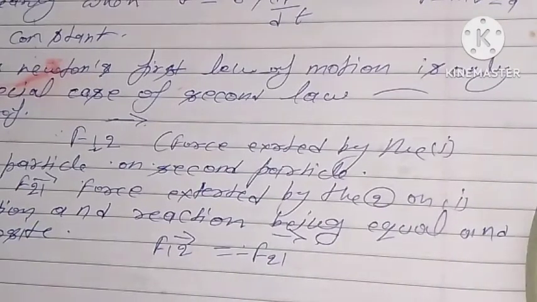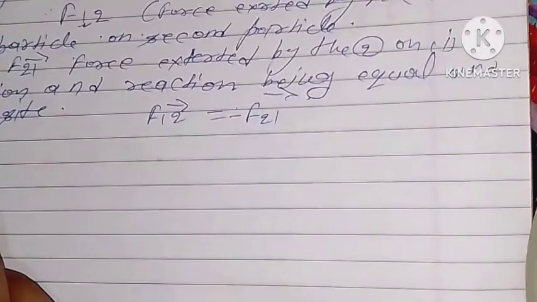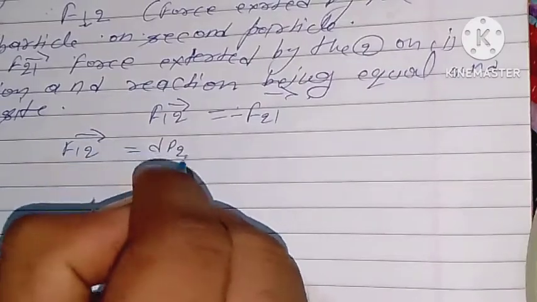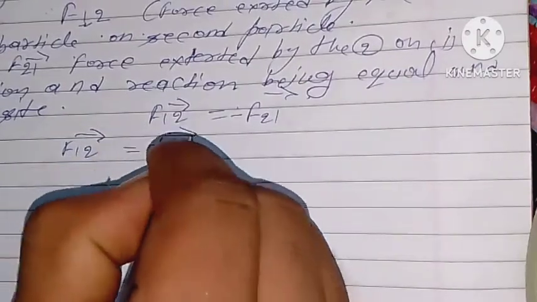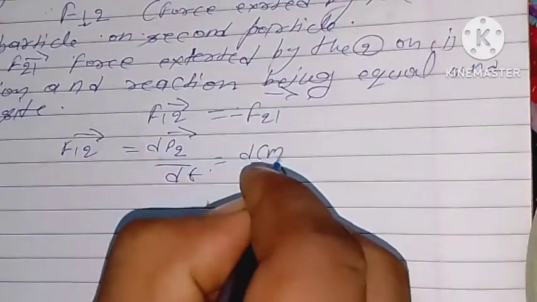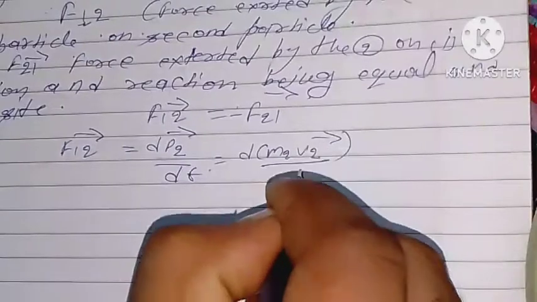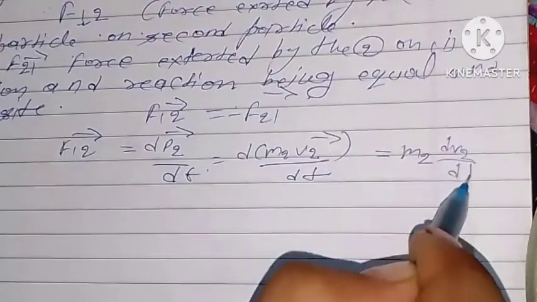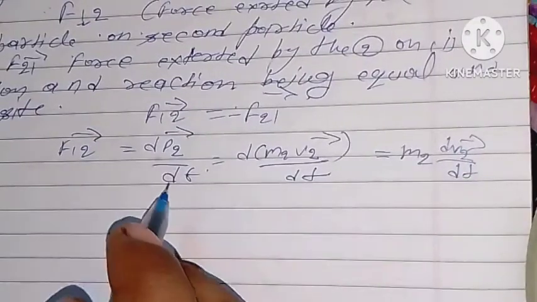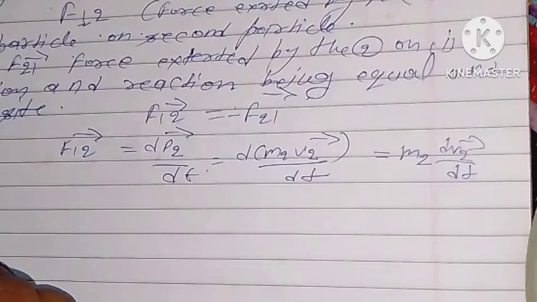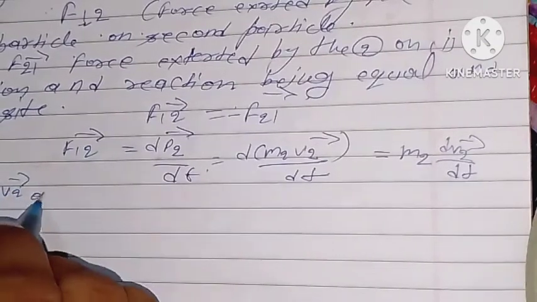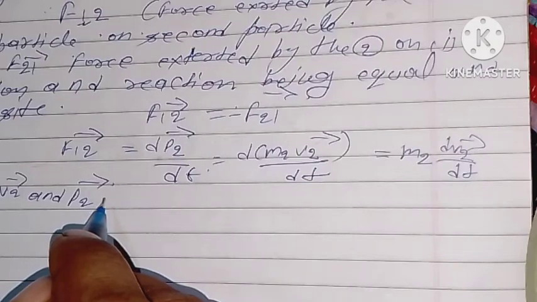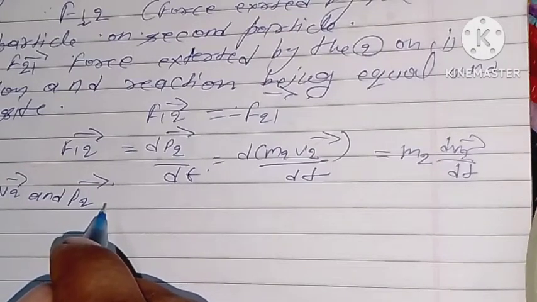According to Newton's second law of motion, vector F12 equals dp2 upon dt, which equals d upon dt of m2 v2, equals m2 dv2 upon dt, where m2, v2 and p2 are the mass, velocity and momentum of the second particle.